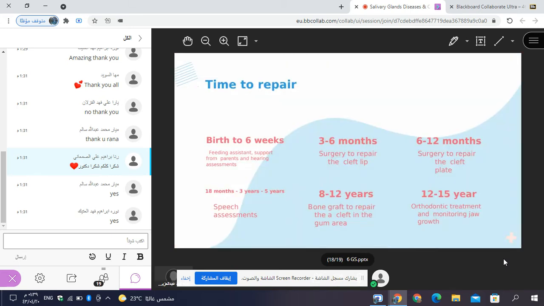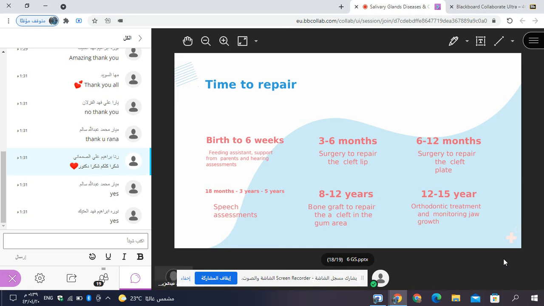For the timing of repair, from birth to 6 weeks it includes feeding assessment, support for the parents and hearing assessment. From 3 to 6 months, surgery to repair the cleft lip, and from 6 to 12 months, surgery to repair the cleft palate.